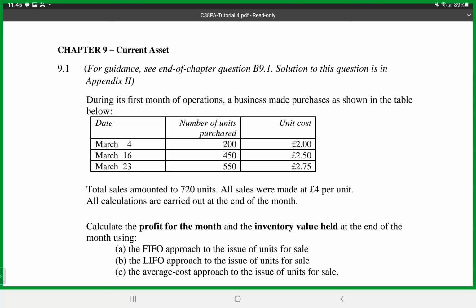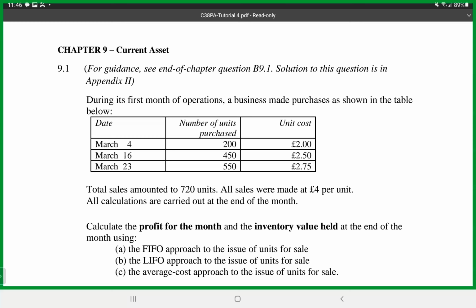When you have already issued 200 from 720, remember we have to sell 720. We've already sold 200, so we are remaining with 520. Now we have to sell 520 from which consignment?